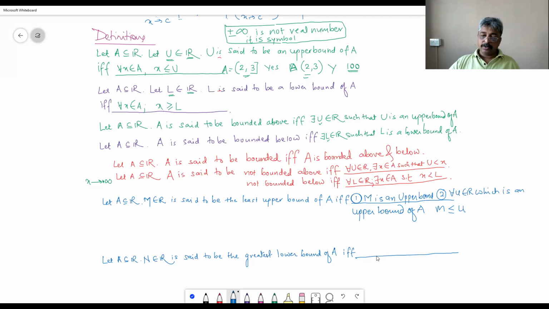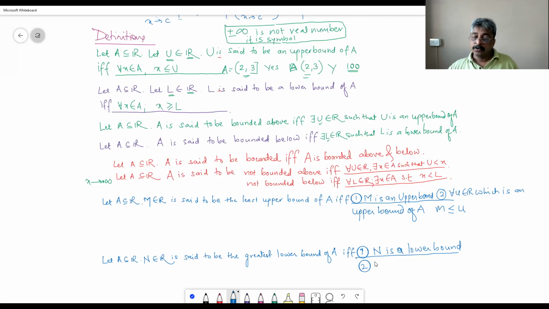M must be an upper bound and it should be least. Like LCM: LCM should be a common multiple and should be least. GCD must be a common divisor and must be the greatest. Similarly, 1, N must be a lower bound.